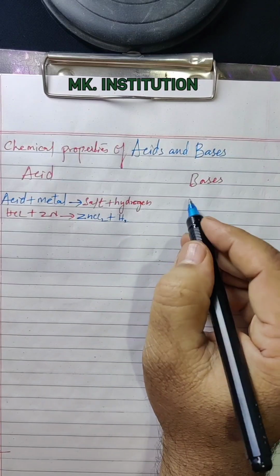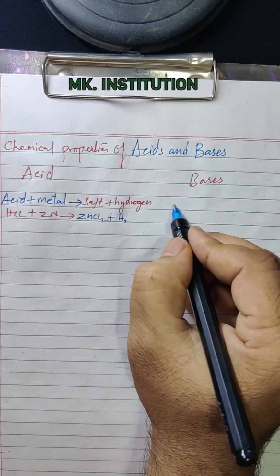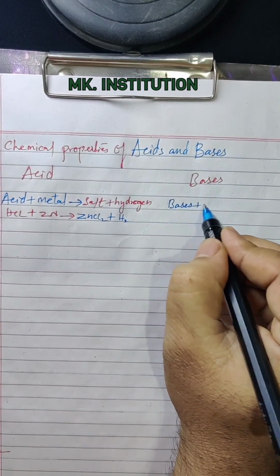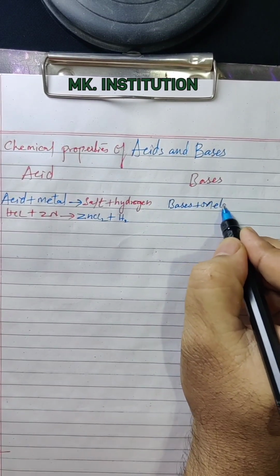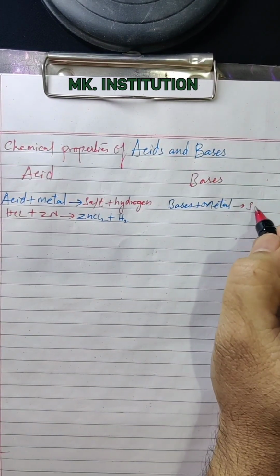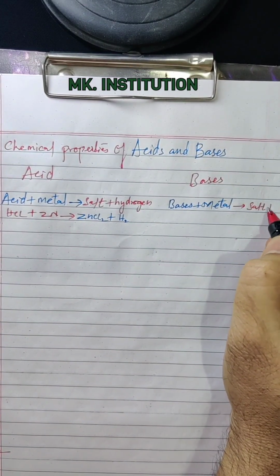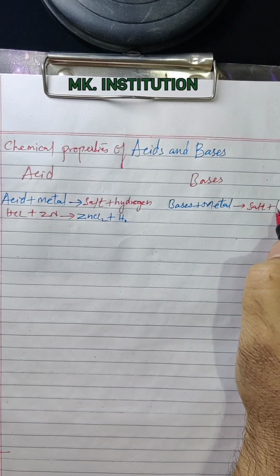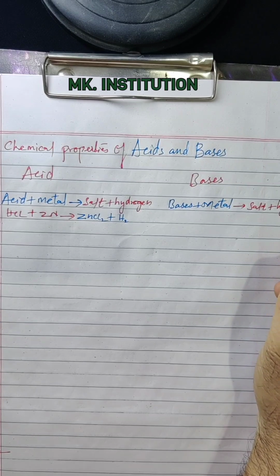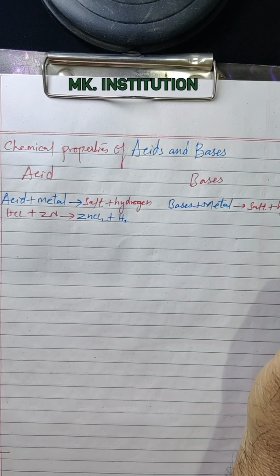Now the next one, bases. When bases react with a metal, what is produced? Same thing, salt and hydrogen. Clear?